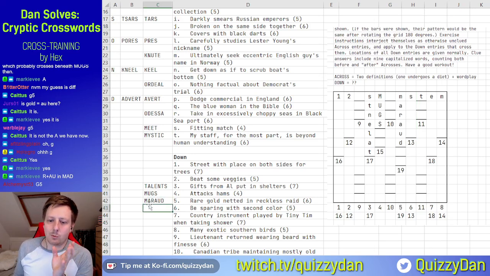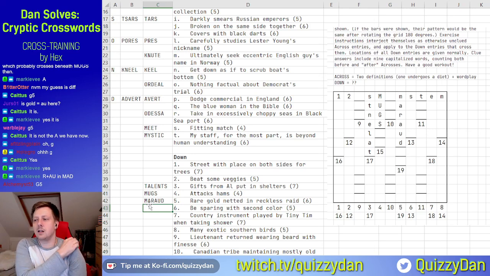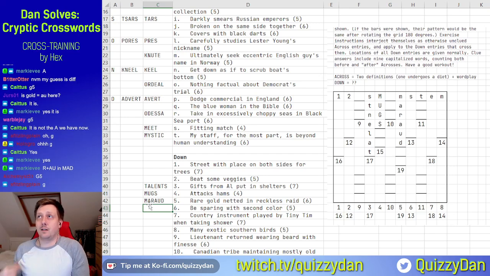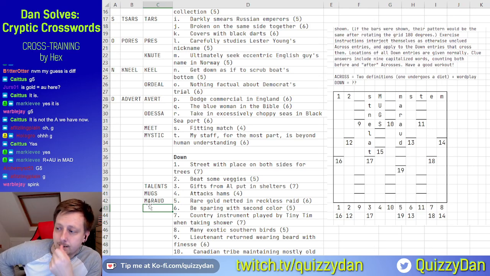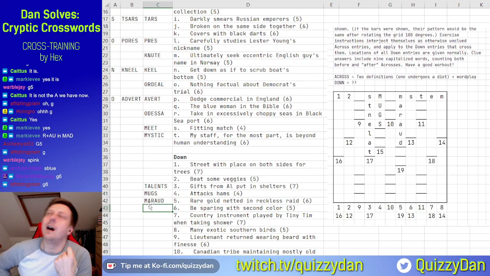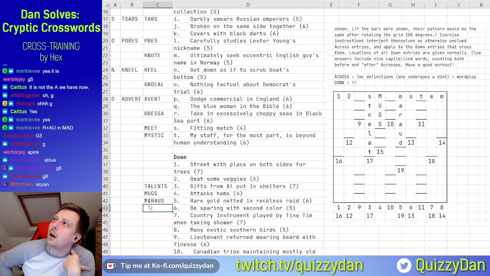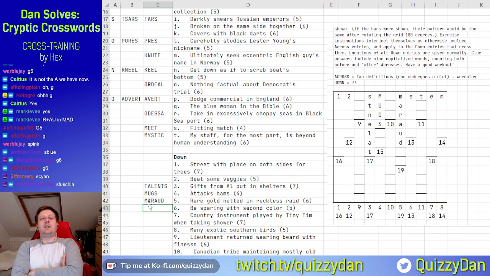Be sparing with second colour. If you're being sparing, you only use a little bit. Colours. Right, name your colours, people. Green, blue, particularly 4-letter colours. Blue, gold. Red, blue, purple, ochre, fuchsia.